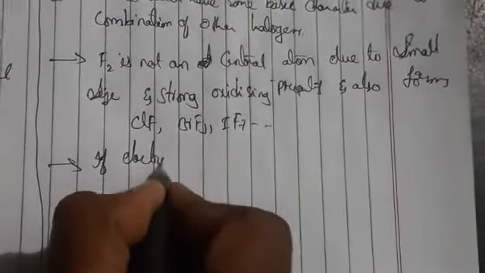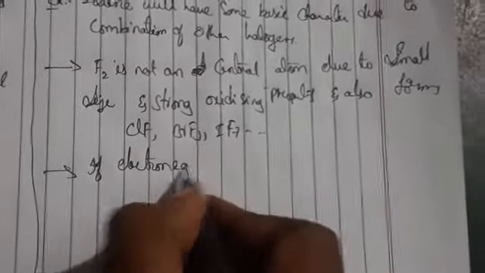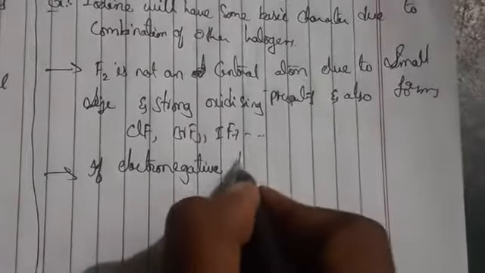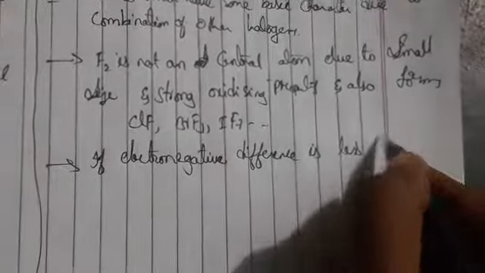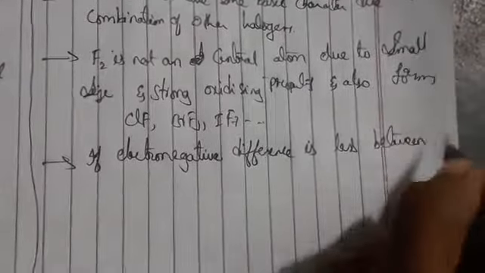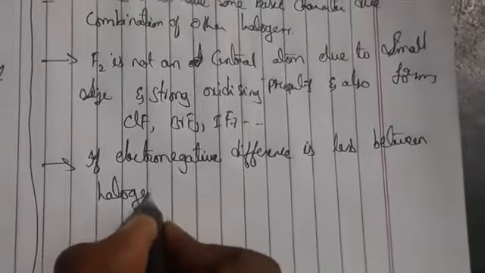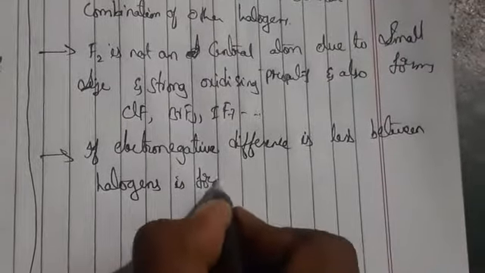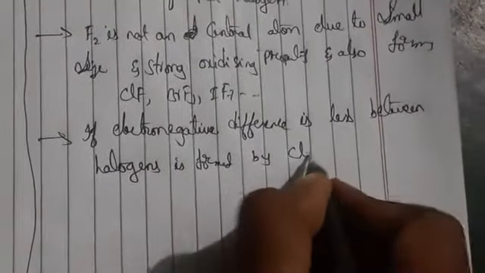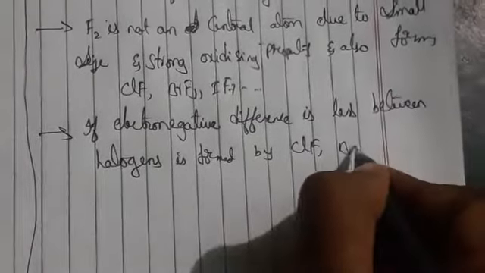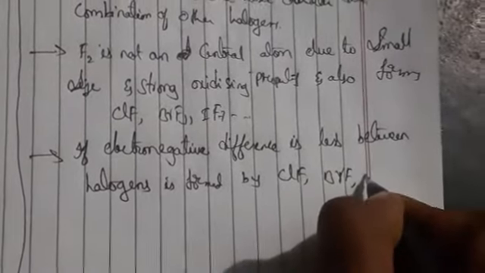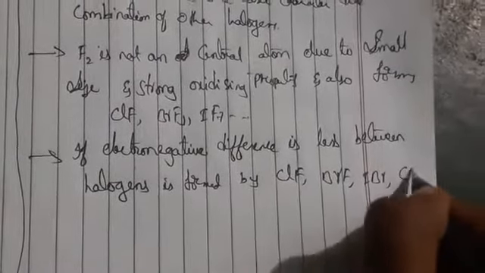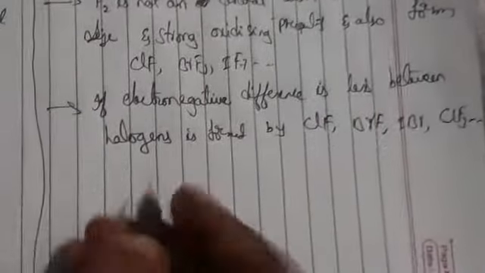If the electronegativity difference is less between halogens, it is formed by compounds like ClF, meaning AX and AX3, okay, BrF, IBr, ClF3. So these types of compounds it is forming.